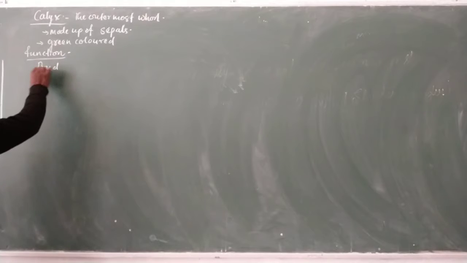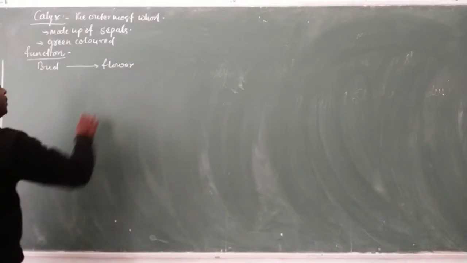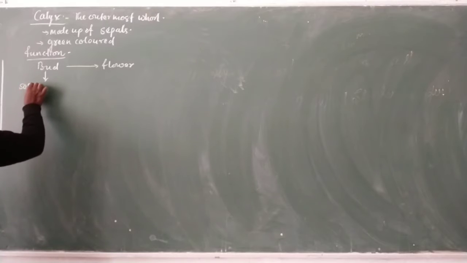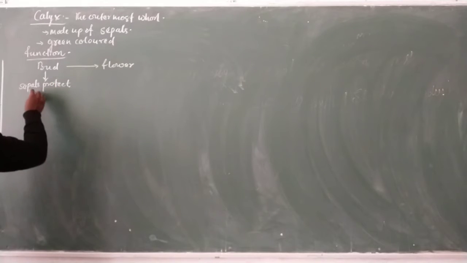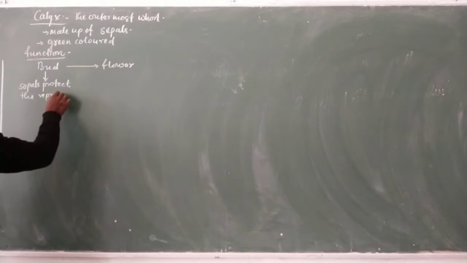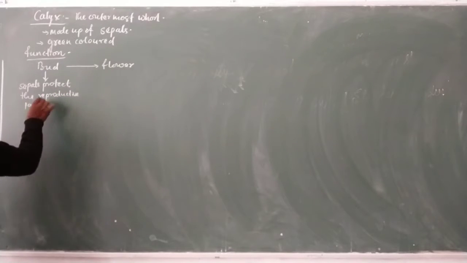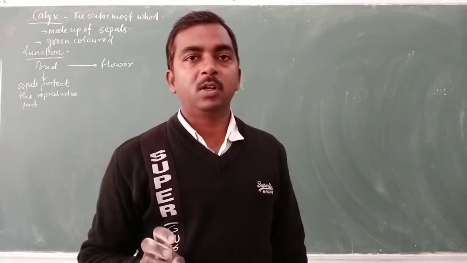In the bud condition, sepals protect the reproductive parts. Reproductive parts means the male reproductive organ as well as the female reproductive organ.